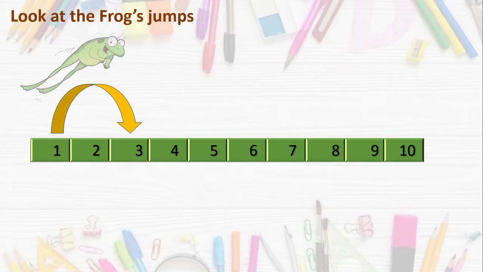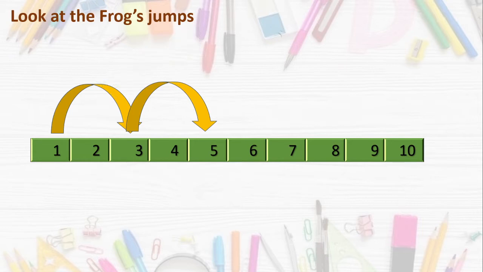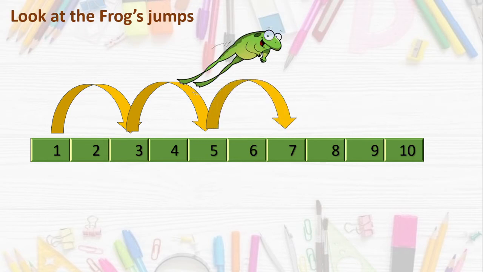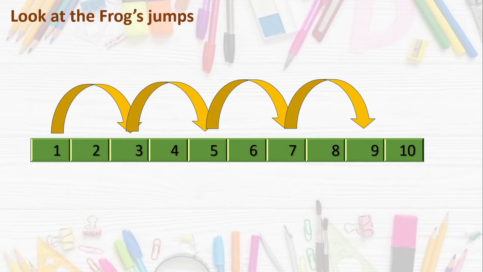Next, it takes the jump from number 3 to 5. Then it jumps from number 5 to number 7. Then it jumps from number 7 to number 9. Here we will count the frog's jumps.